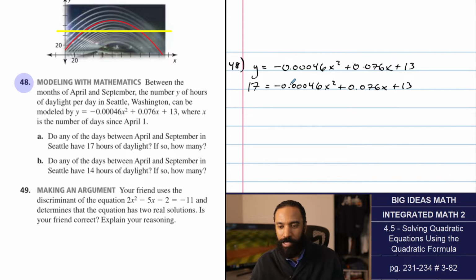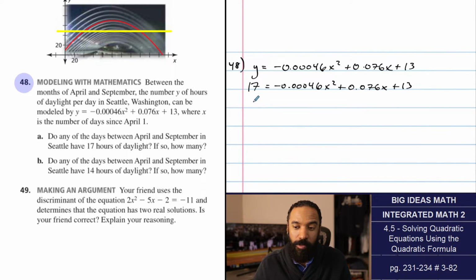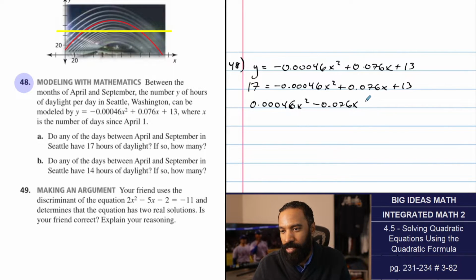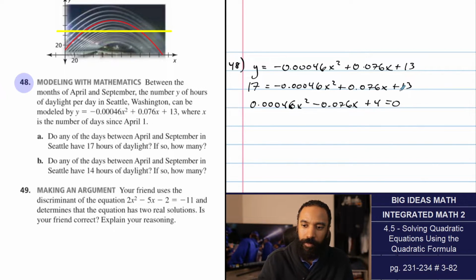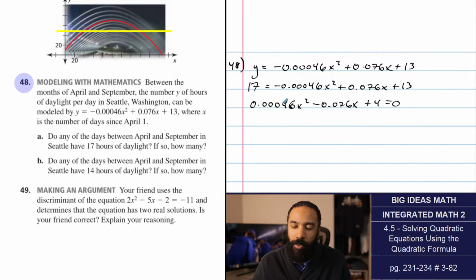If I subtract 17 over, well, I'm going to make these positive, but if I move this stuff over, I'm going to have minus 0.076x, and then subtracting the 13, so plus 4 equals 0. Boy, I don't know.